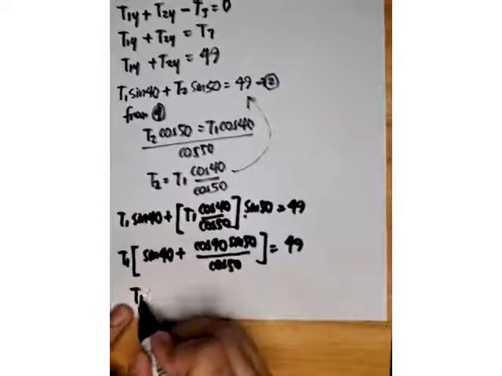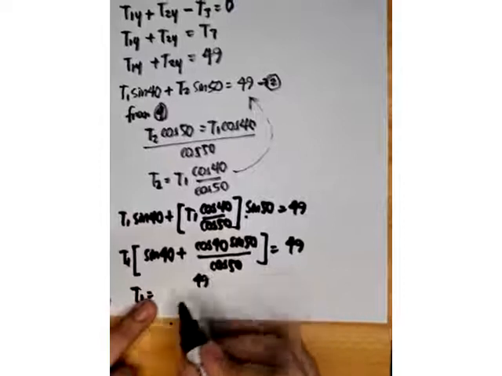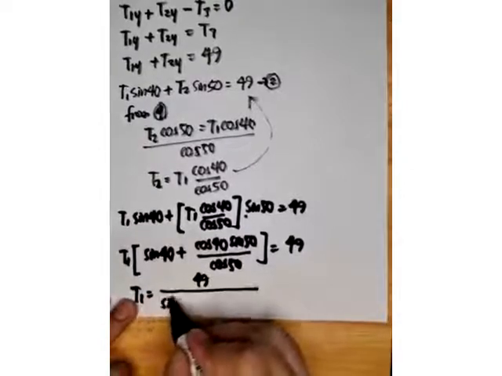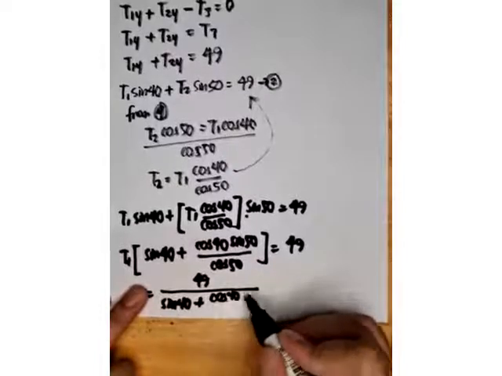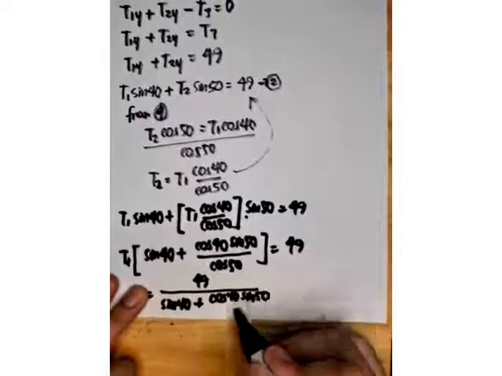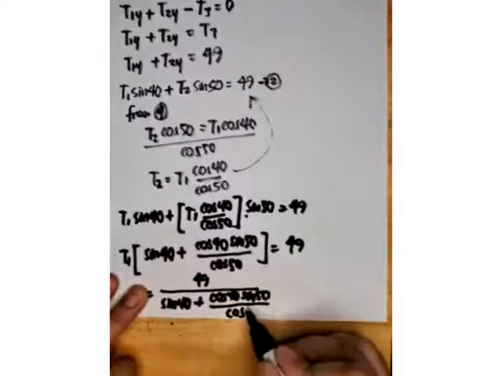So therefore, T1 is equal to 49 divided by sine 40 plus cosine 40 sine 50 over cosine 50.